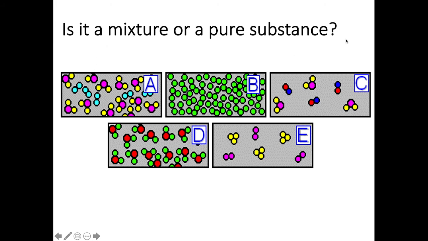So is it a mixture or a pure substance? This one here is a mixture. We could think of these as maybe strawberries and some walnuts. I could pull these guys out. They're a combination of different things. B, this is a pure substance and it is an element. So there's no compounds.